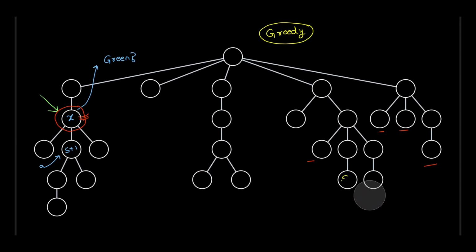Now you can see that your greedy strategy will no longer work, because if this pivot is S plus 1, let's say this number is 27, and you have 12 over here and 9 over here, then of course you have to delete something from the other subtree, because you have to move the pivot from this subtree to some other subtree.